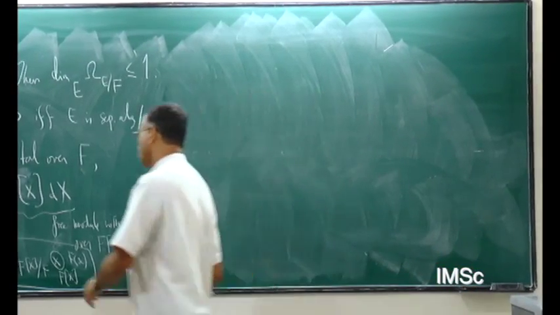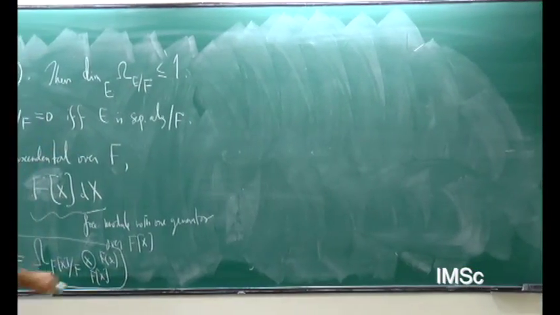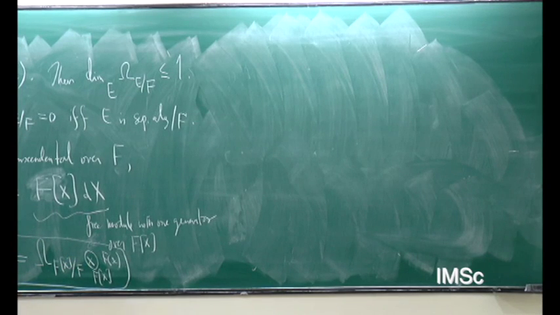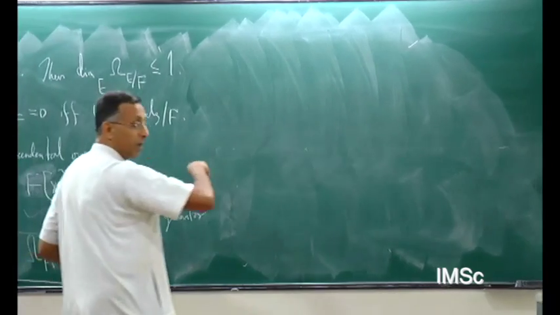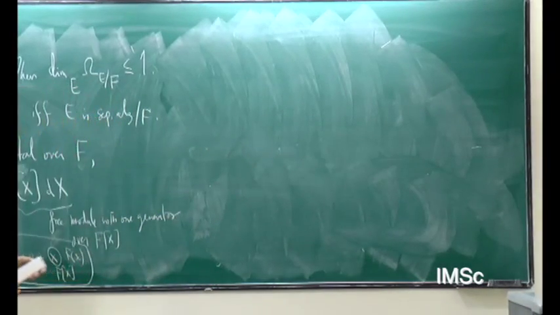Both sides are modules, both sides are vector spaces over F(x), right? So to see this is the same thing as seeing, if I hom both sides into a vector space over F(x), what do I see?